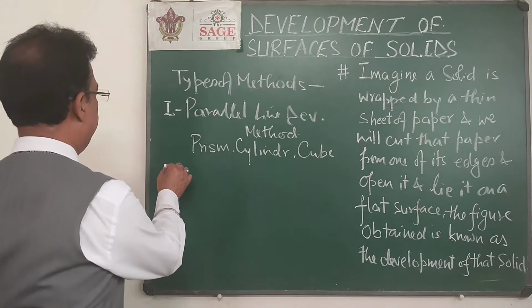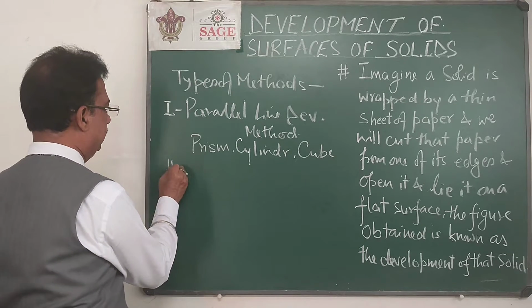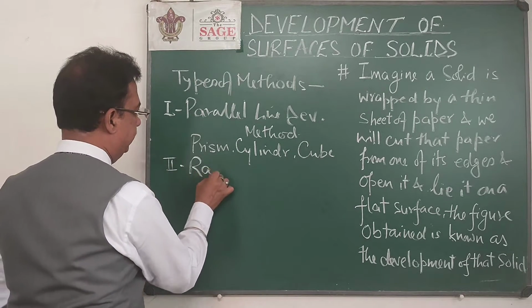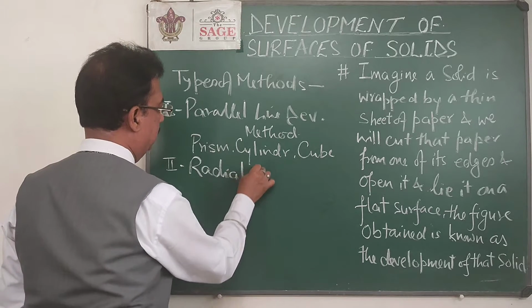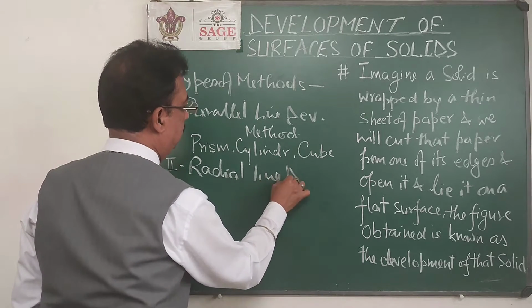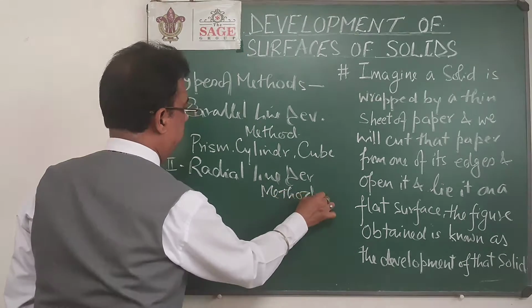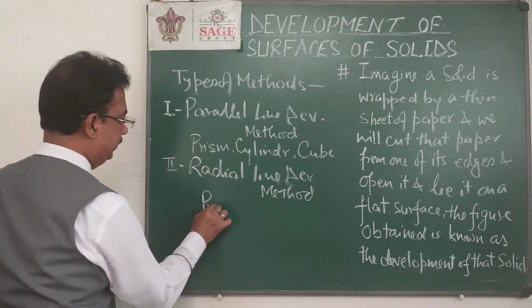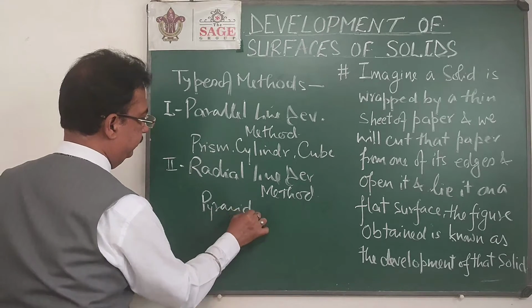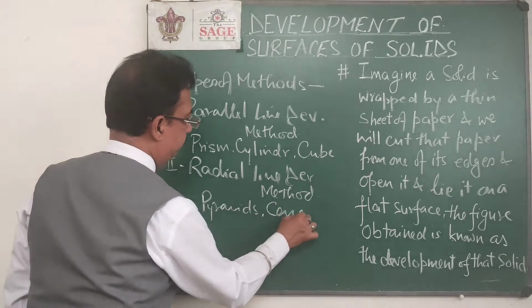The second method is known as the radial line method. This is used for pyramids and cones.